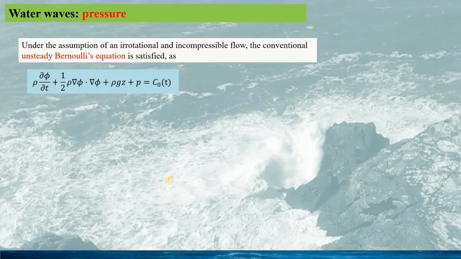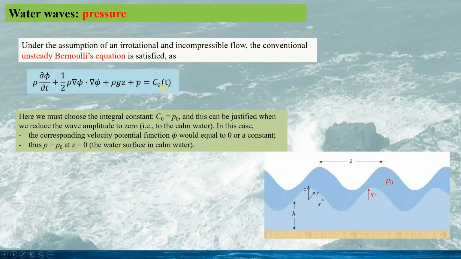Under the assumption of an irrotational and incompressible flow, the conventional unsteady Bernoulli's equation is satisfied, given in a general form as this. Here, C0 is the integral constant, and it can be chosen for different constants based on different situations.